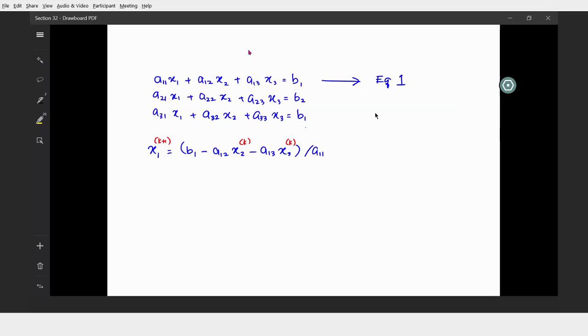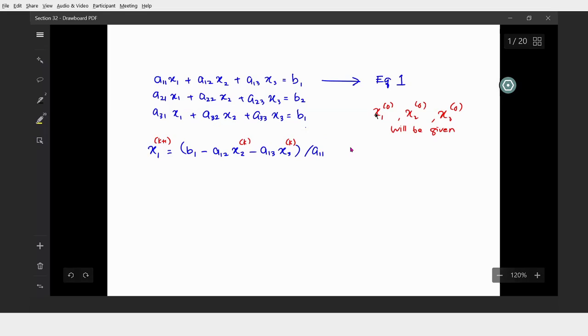So you always start with k equal to 0. So x1 0, x2 0, x3 0 will be given or should be known. That's the formula for x1.